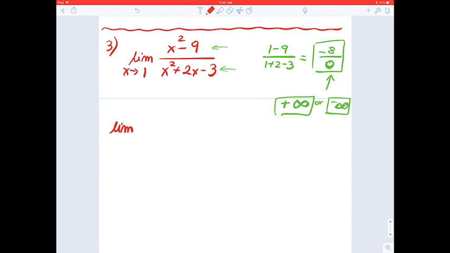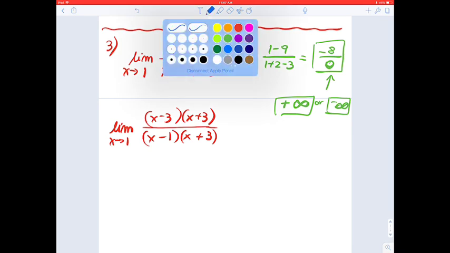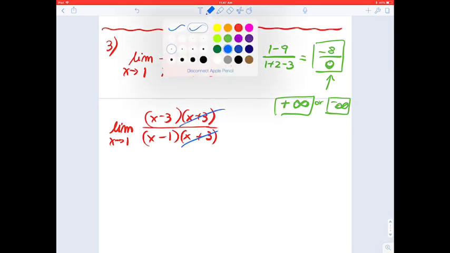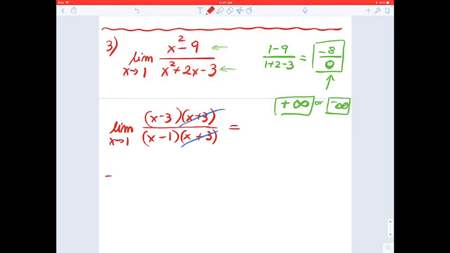The limit as x goes to 1, and let's simplify. I will copy the same things. I will factor out this, and I will factor out -3, it's 3 and 1, positive and negative. And we know that I can cancel out. You can see we actually have a common factor, but not at 1.